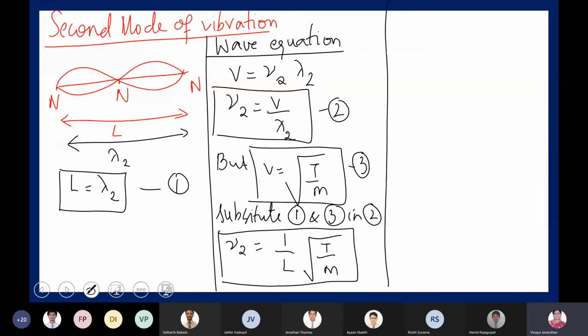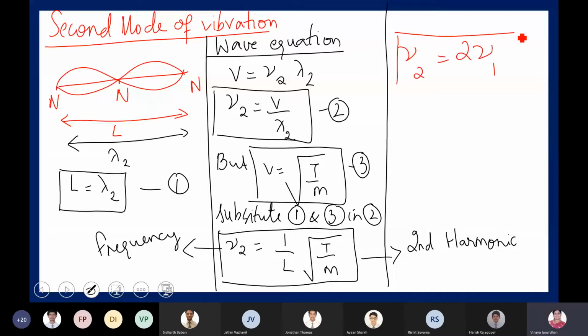So this is called the second harmonic. This is the frequency. And what do you infer, boys? Nu 2 becomes equal to 2 times nu 1. This is called the second harmonic. Ma'am, the first one, it is the first harmonic.